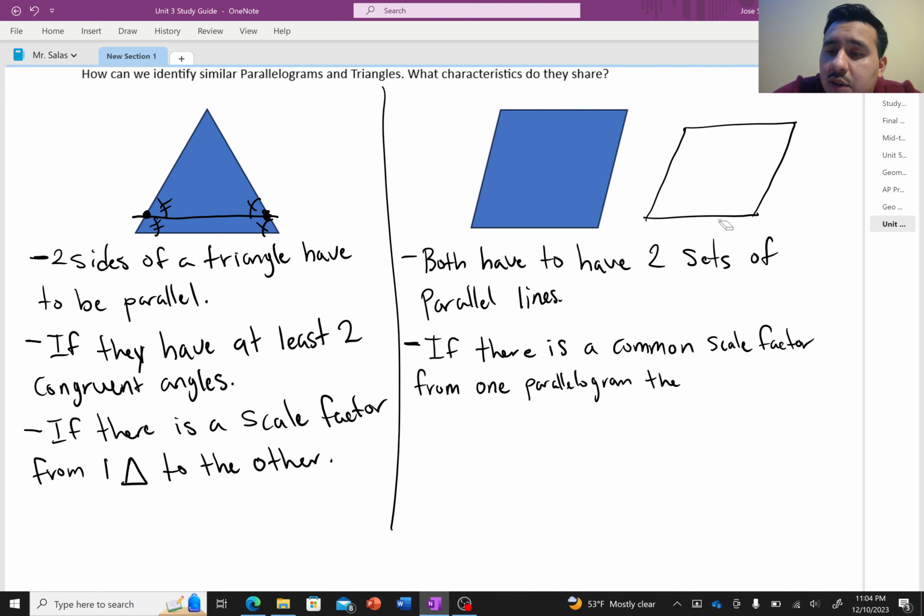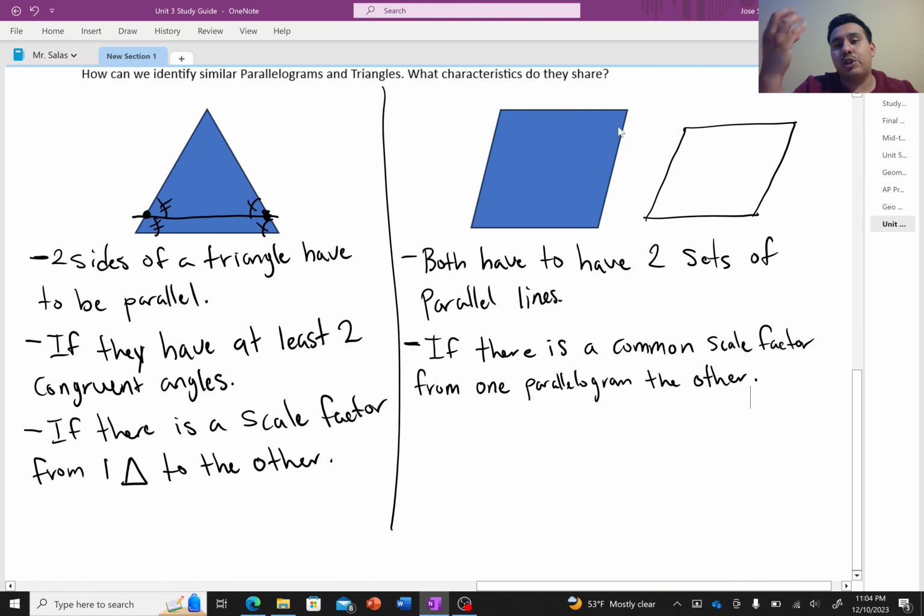So let's say that the scale factor to get from this parallelogram to this parallelogram is, I'm just making up random numbers, it's definitely not true, let's say the scale factor is 1/2, then that would mean that they are similar, right? Because everything was reduced by a factor of 1/2.